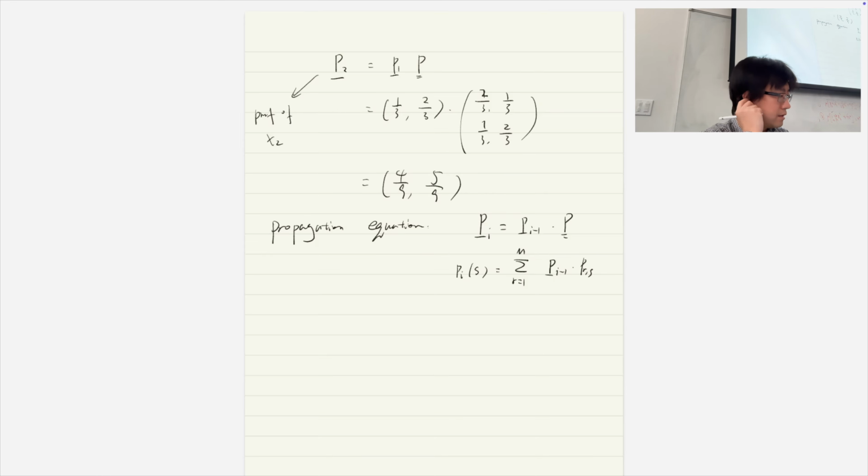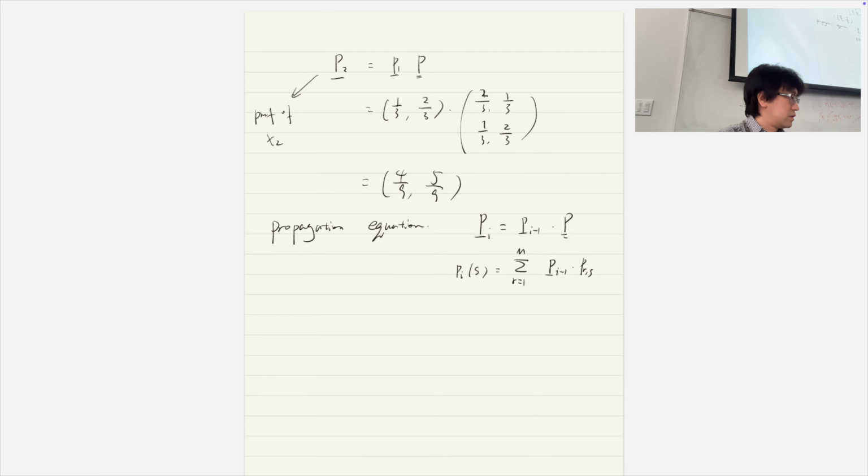Okay, and then what we want to ask is, if we keep doing this, what will happen? Because it's a recursive equation, we can keep going, right? So will this probability somehow converge? Yeah, probably under some condition, right? Let's say it's converged. Can we compute this converged distribution, which we call the stationary distribution, because if it does not change anymore, then we say it's stationary.